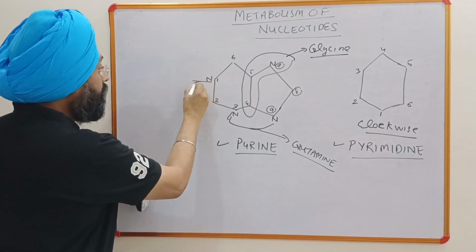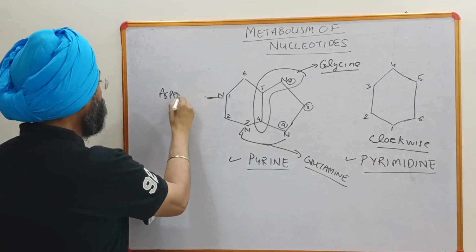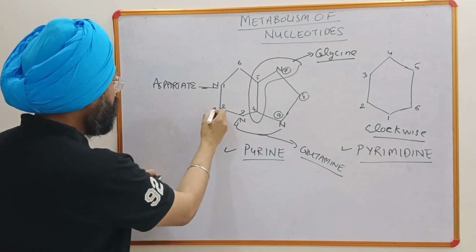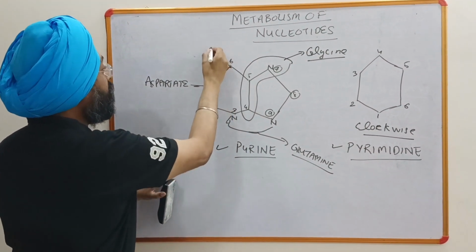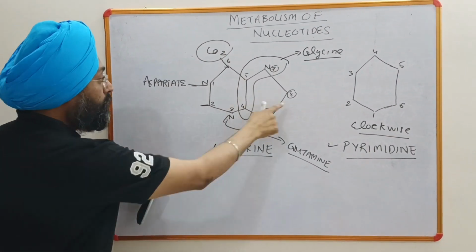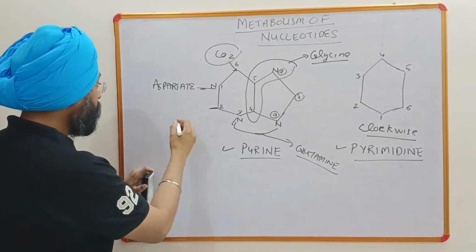And N1 is derived from aspartate, right? And C2 and C6, C6 is derived from carbon dioxide, right? And these two and 8 are derived from tetrahydrofolate.